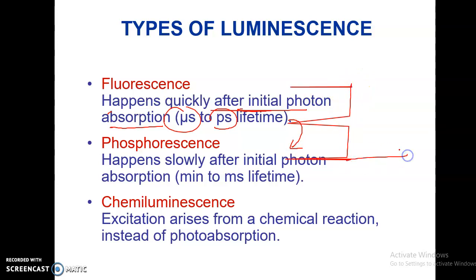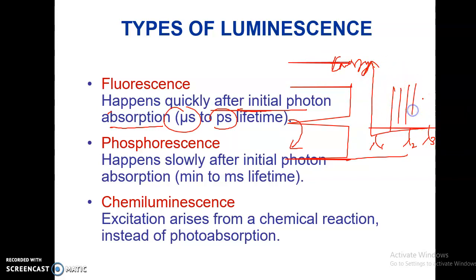In the Jablonski diagram, you can see the wavelength starts from here, and then this is the energy. Phosphorescent is somewhere around here, while this is fluorescent, to show the difference in terms of the duration the luminescence happens.